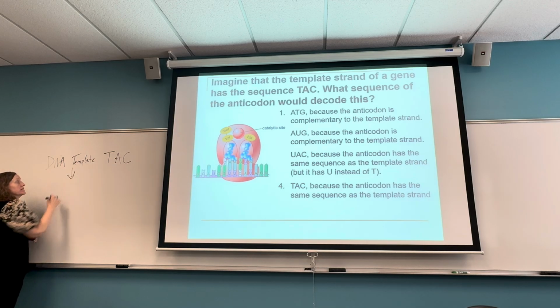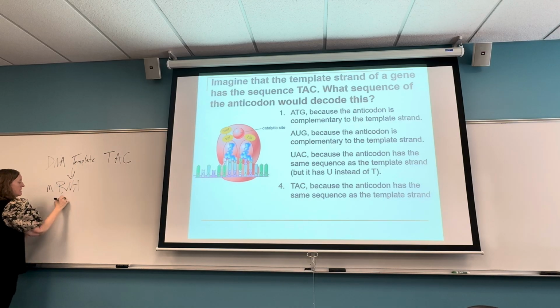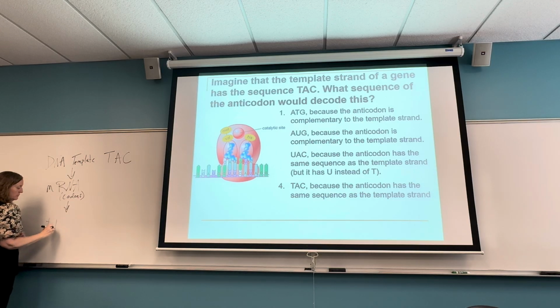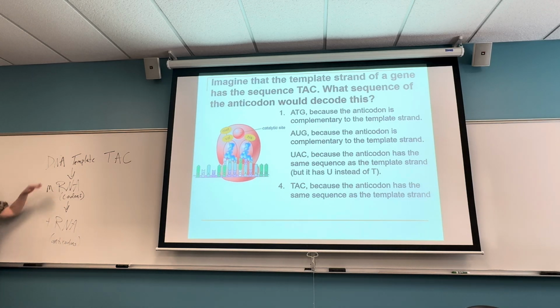So remember, DNA template is going to get a complementary mRNA. DNA template strand will get a complementary mRNA. Those are the codons. The mRNA will leave the nucleus and will go out and get paired up with the tRNA anticodons. So in this question, you have to know a couple of things, right? You have to know that the anticodons are the tRNA.